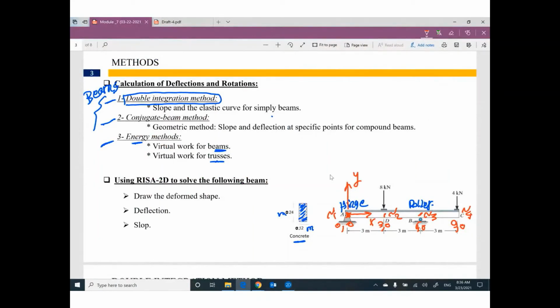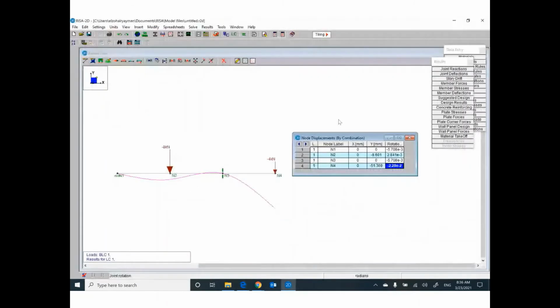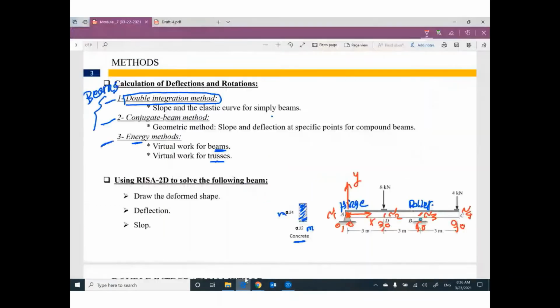We can calculate these values, which is vertical deflection y or rotation theta, by using this method.